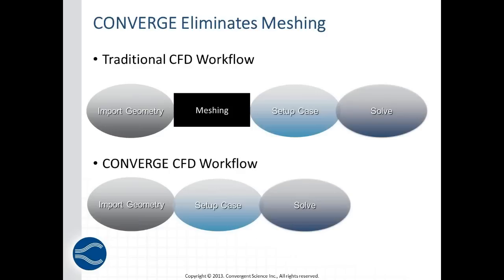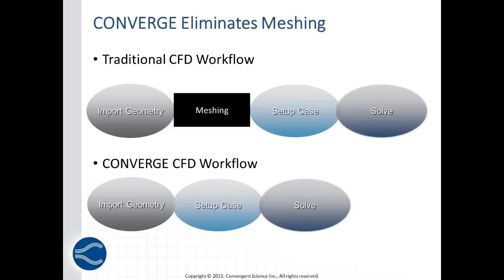So let me come back and talk a little bit about, now that we've talked about how Converge handles the reading of the case and how it eliminates that meshing, just from a top level, if you take out that black box, you get to a much faster workflow.